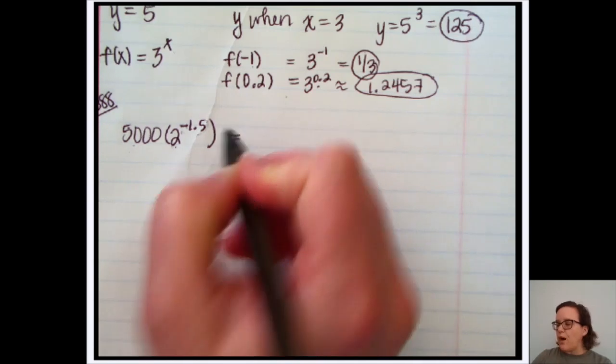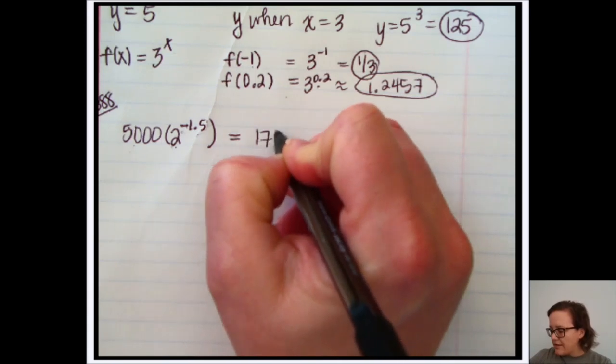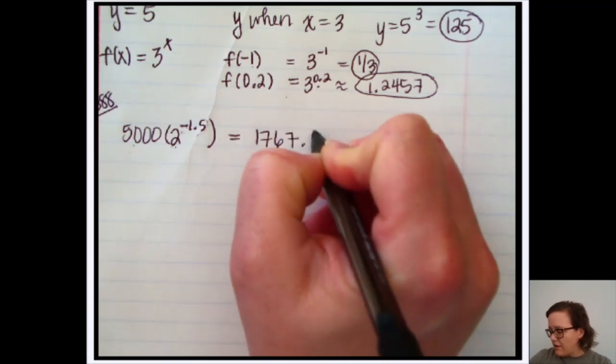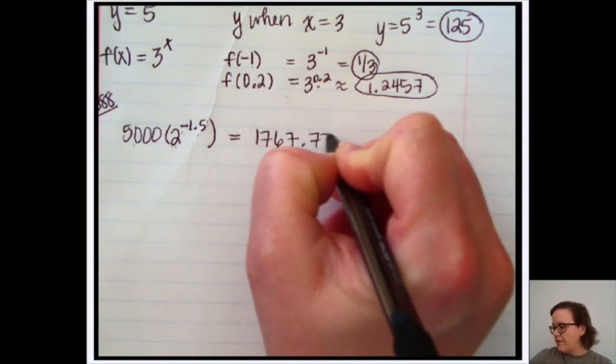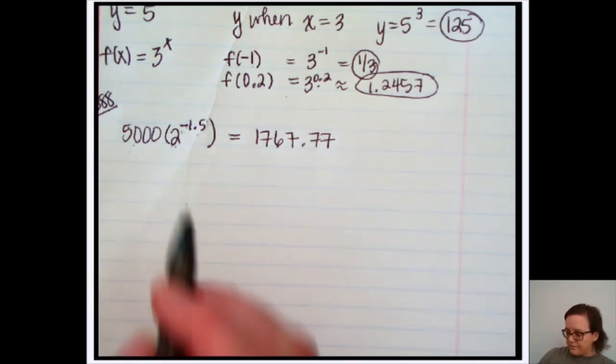They didn't put a y or anything, but to evaluate this, just put it in your calculator. Make sure you use the negative button when you put that 1.5 in. And we should get about 1,767.77, it looks like. Okay, so that's how we evaluate exponential functions.